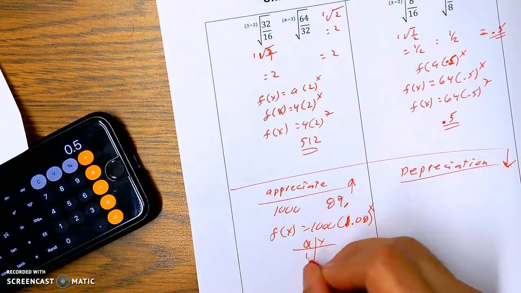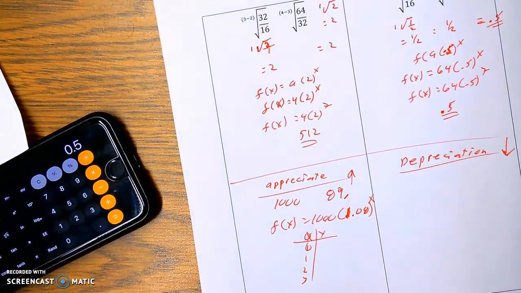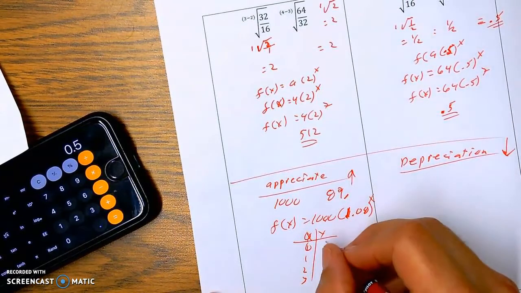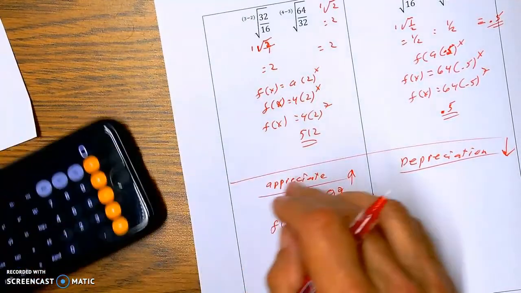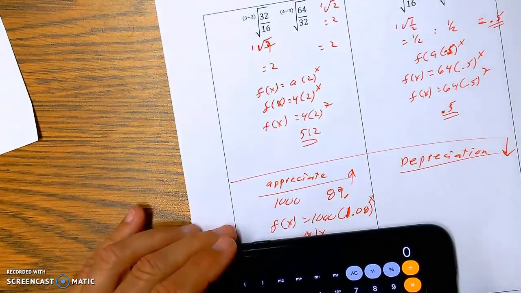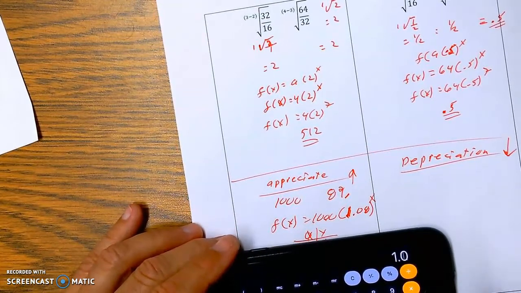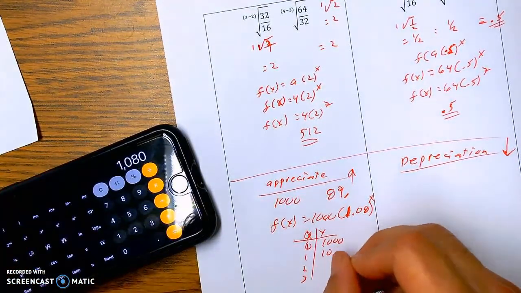So x, y, 0, 1, 2, 3. You're just going to plug in and find those values. 0 is going to be 1, so it's going to be 1,000. That 1, again, we're just going to plug it into our calculations. 1,000 times 1.08 to the 1 is 1,080.